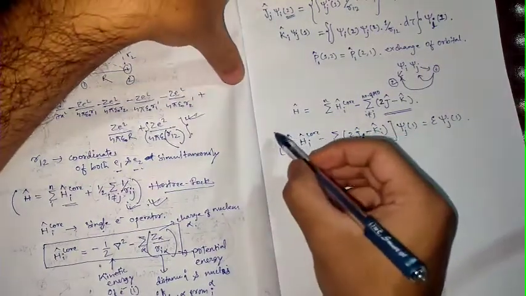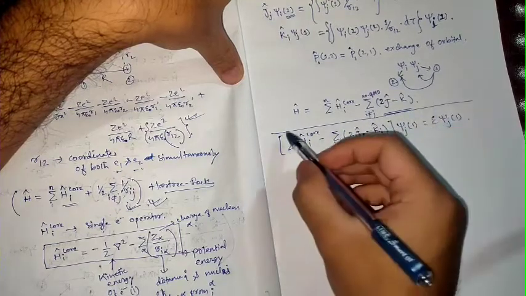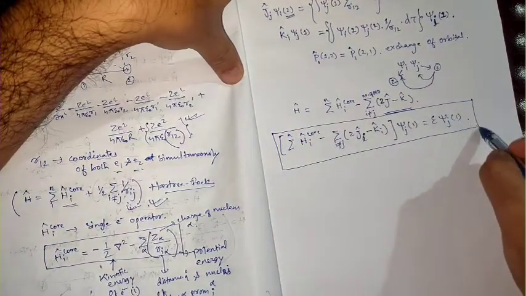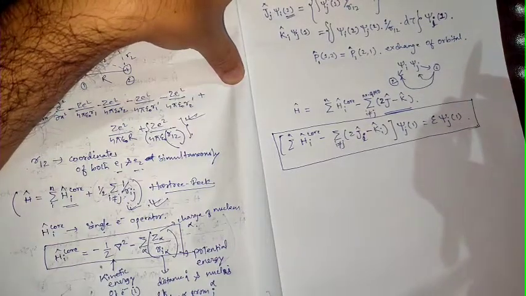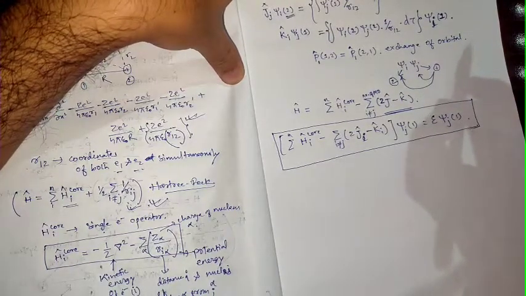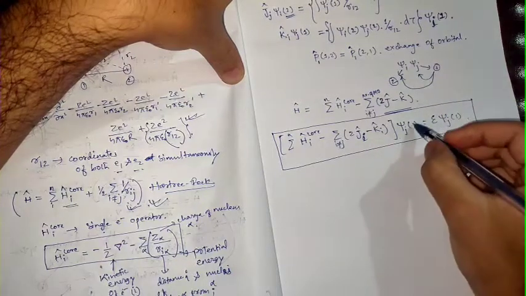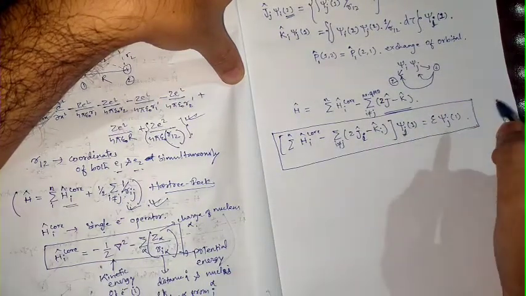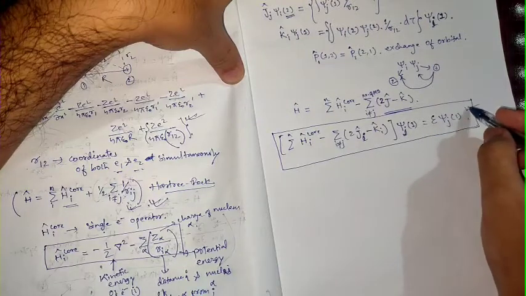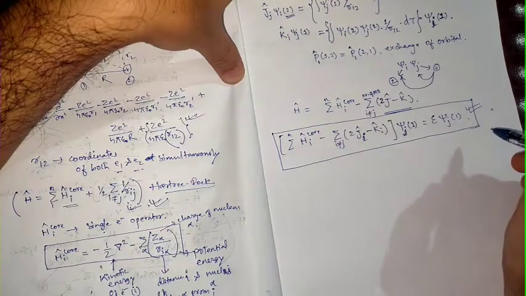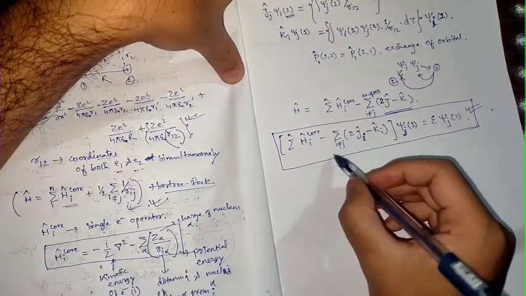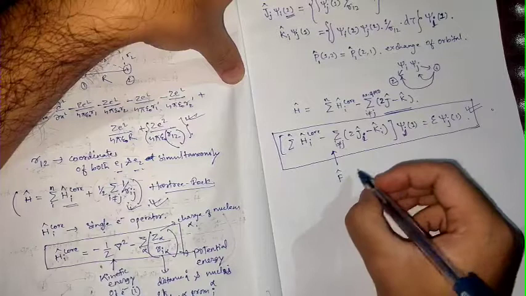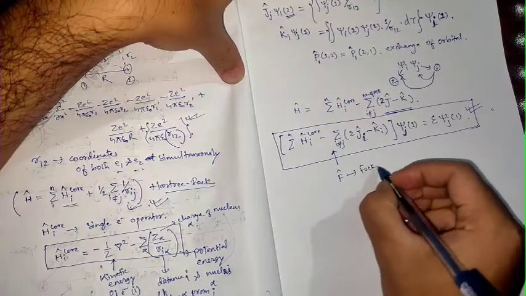So that is the overall modified equation for a multi-electron system, for electron 1 which is in the psi J orbital. That will be the eigenvalue equation for that electron. This particular term is given by F cap, and this F cap is known as the Fock operator.